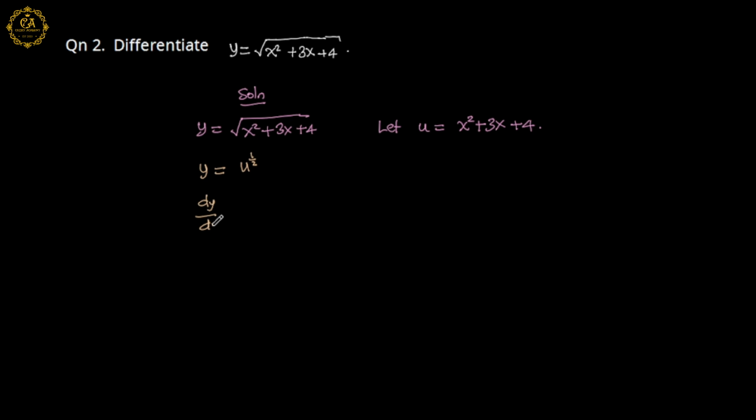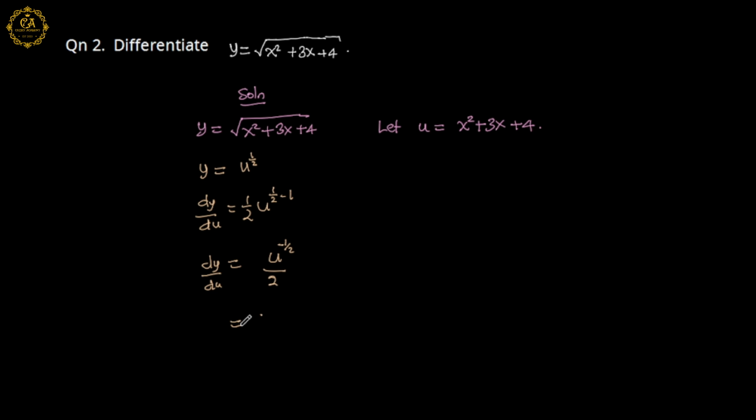So dy/du will be equivalent to multiplying by the power, and then we reduce the power by 1, which will result in u to the negative a half over 2.